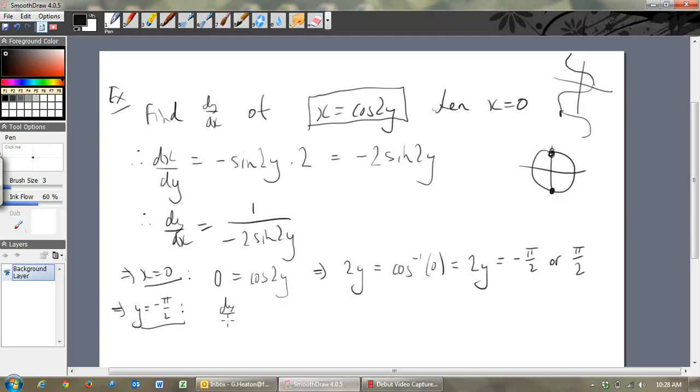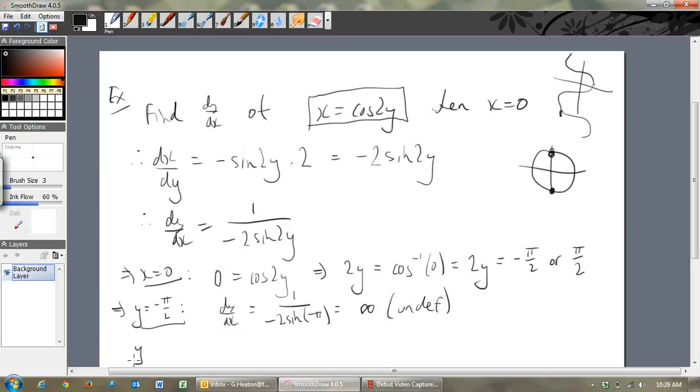the derivative, the gradient, will be equal to 1 over negative 2 sine 2 times y. That's negative pi, which is equal to what? What's sine of negative pi? So negative pi is there, the sine is equal to 0, and so we get an infinite or undefined gradient there.